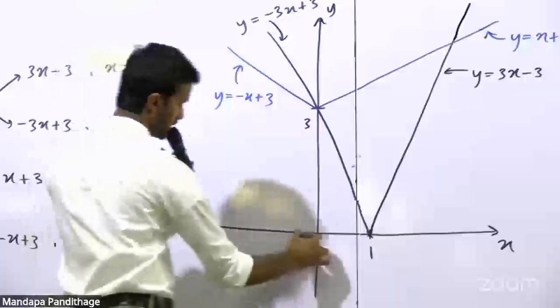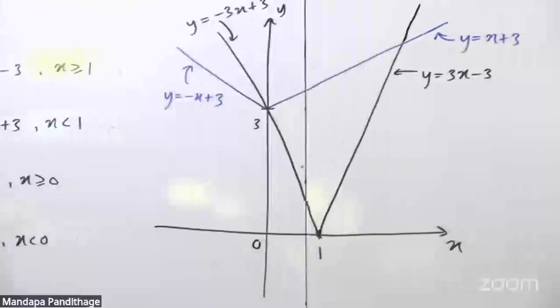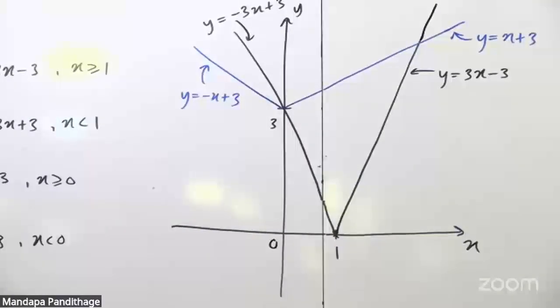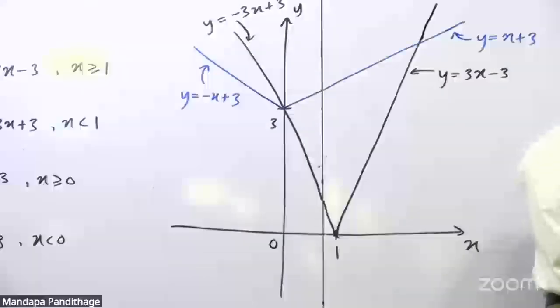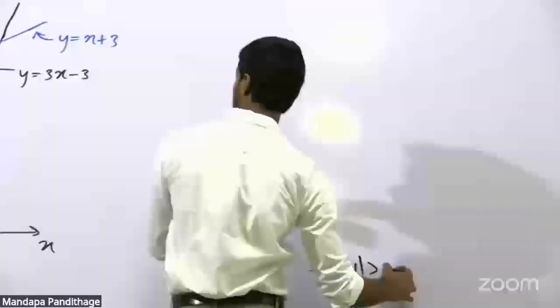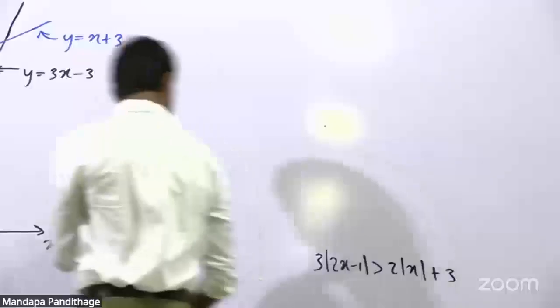Okay, then after sketching these two graphs, look at the inequality that they're asking. What is the inequality that you're supposed to solve? It's 3 times modulus x minus 1 greater than 2 times modulus x plus 3.